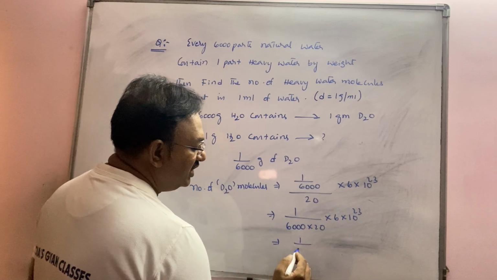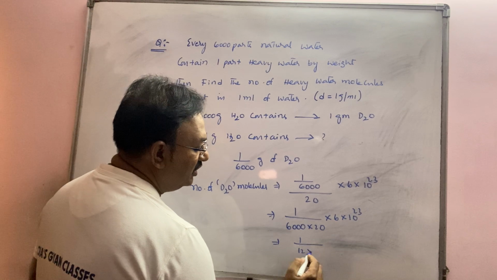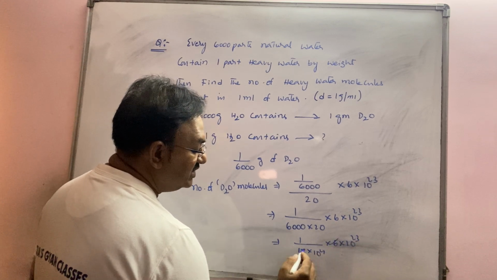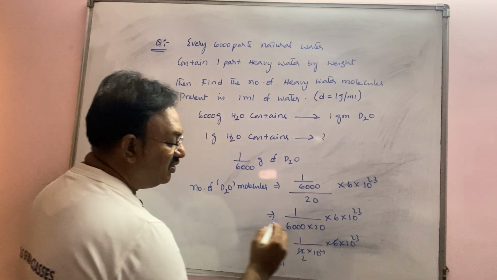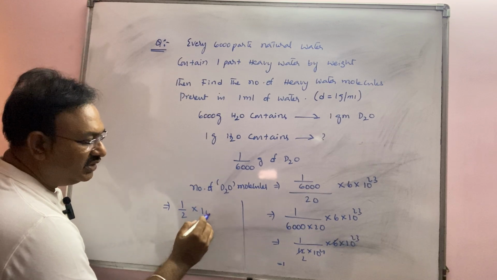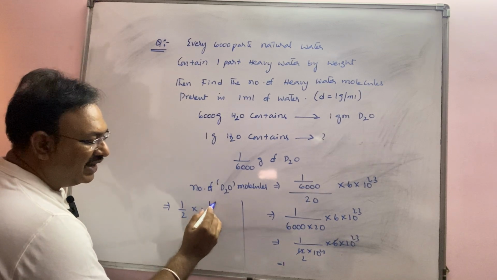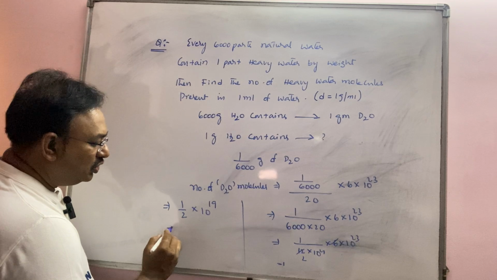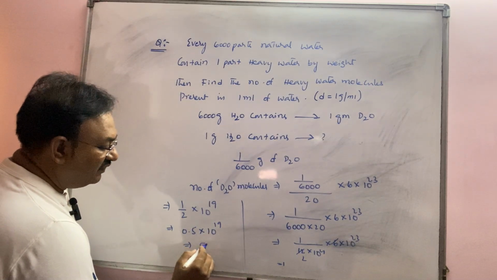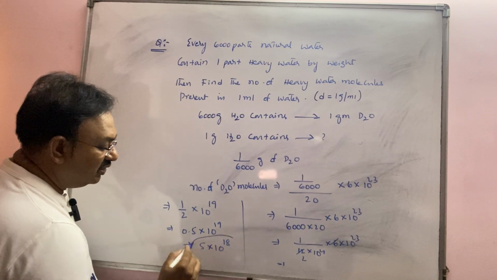So 1 by 12 into 10 power 4, 6 into 10 power 23. 6 divided by 12 is 1 by 2, and 10 power 4 going up gives 1 by 2 into 10 power 19. So 0.5 into 10 power 19, that can be 5 into 10 power 18 molecules.